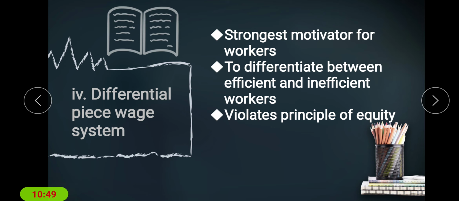So it is a very helpful technique to differentiate between efficient and inefficient workers. That means efficient workers should get more wages or salary than inefficient workers. Though this technique violates the principle of equity given by Henri Fayol, it is a very helpful technique to reward the efforts of hardworking workers and put control over inefficient workers.